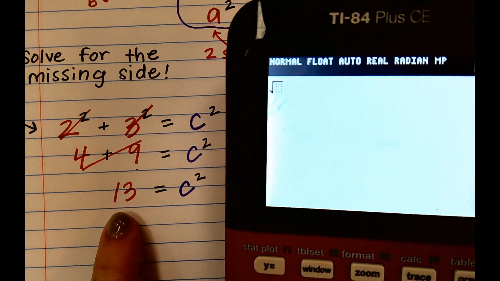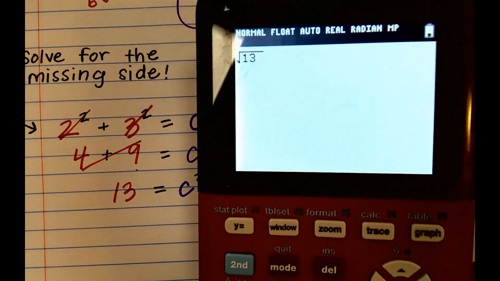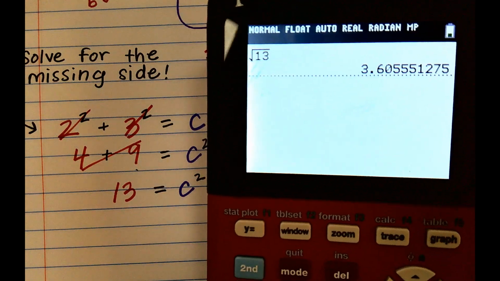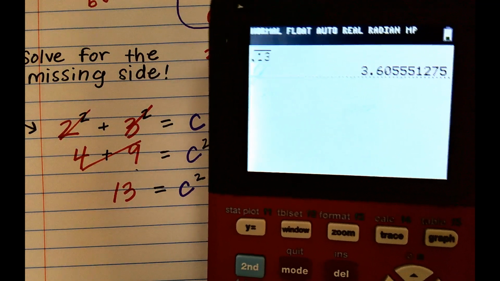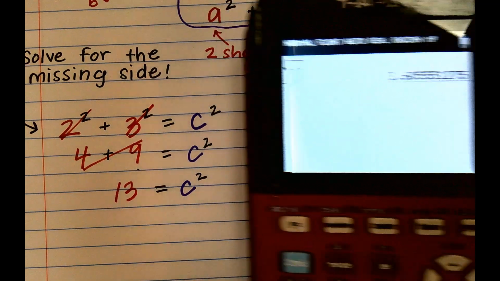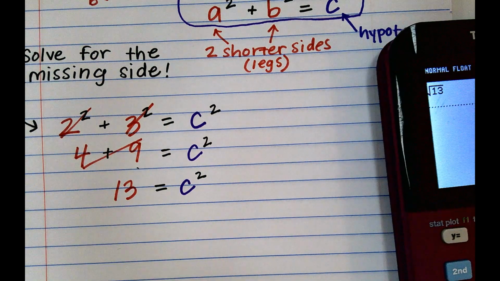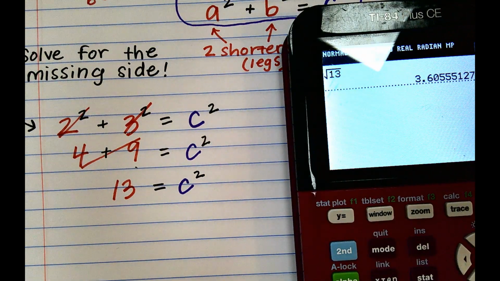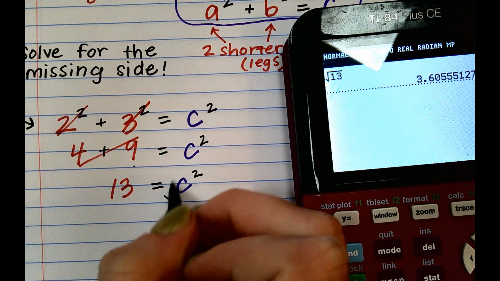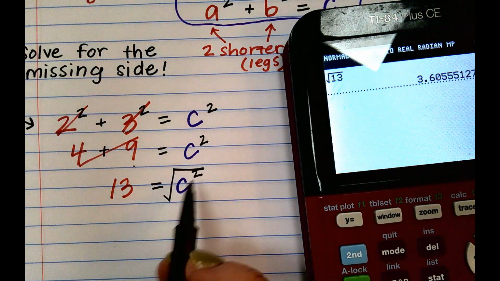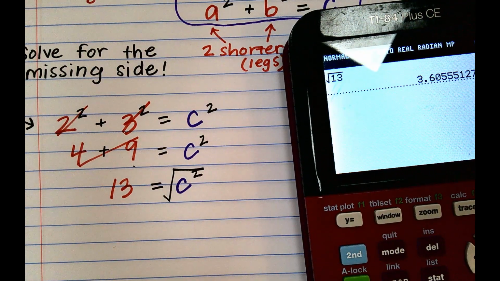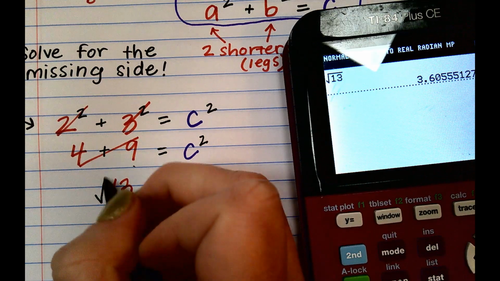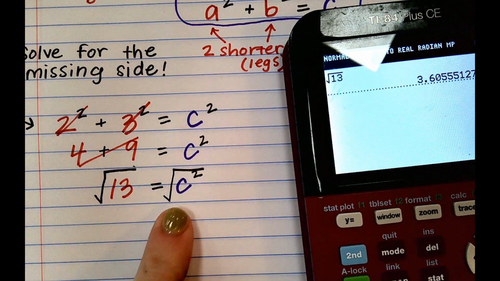And then we're typing 13. Enter. We get 3.6. So what we just did here is, when we find the square root of something, we're asking what can I multiply by itself to get that number or that value.